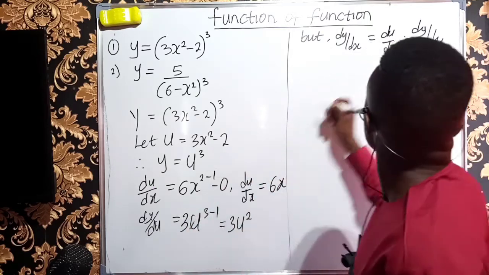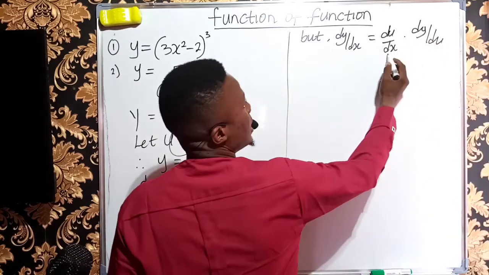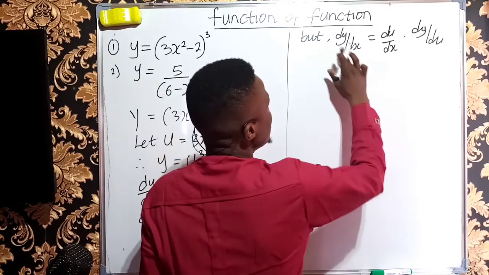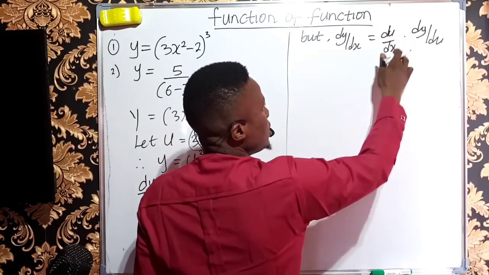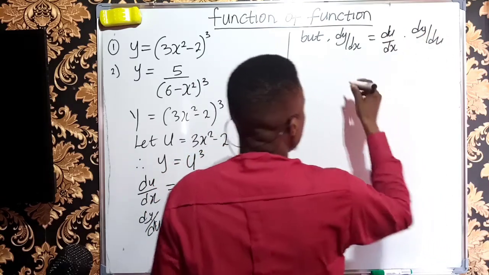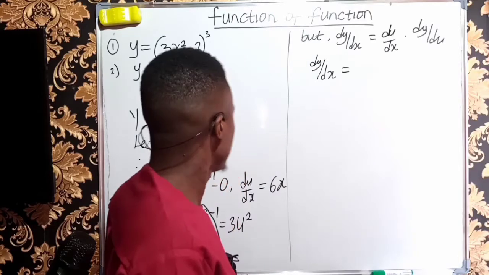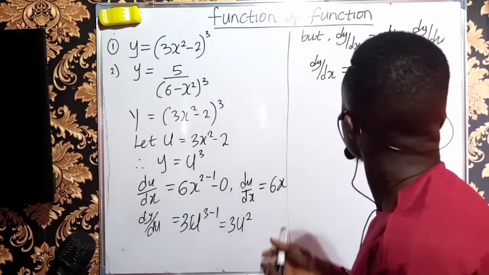You can see that when du cancels du, you are having back your dy/dx, which makes both sides balanced. So dy/dx, that's the chain rule you use for function of a function, is du/dx multiplying dy/du. So dy/dx will now be equivalent to du/dx, and du/dx gave us 6x.